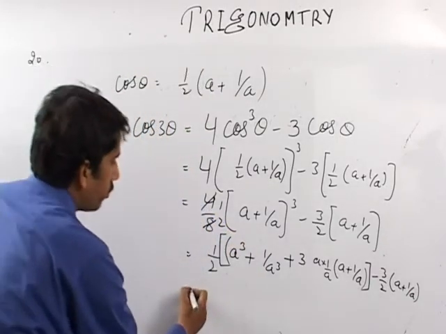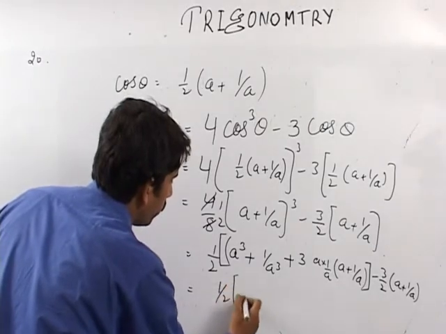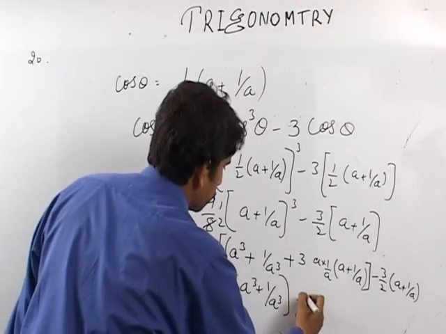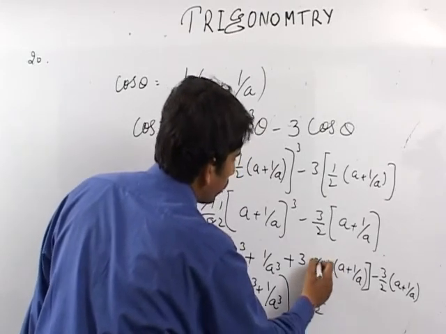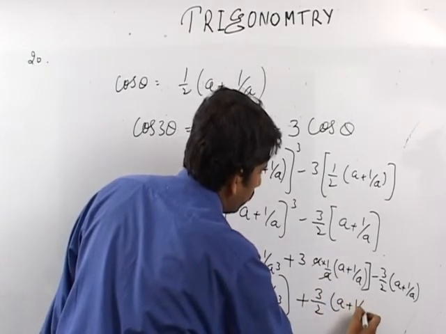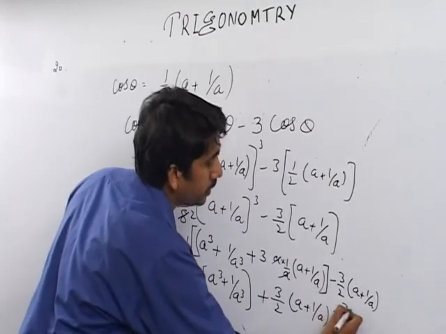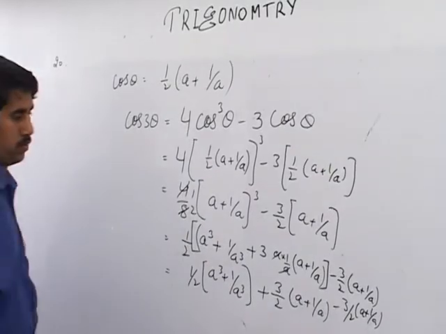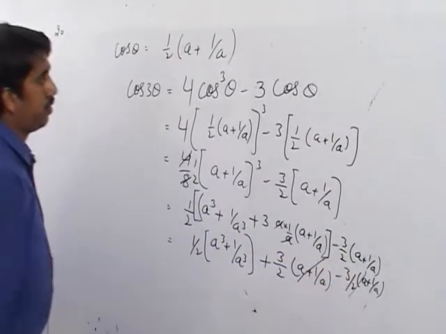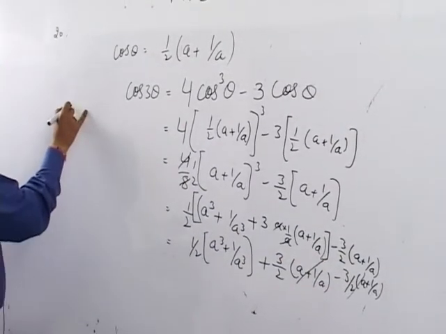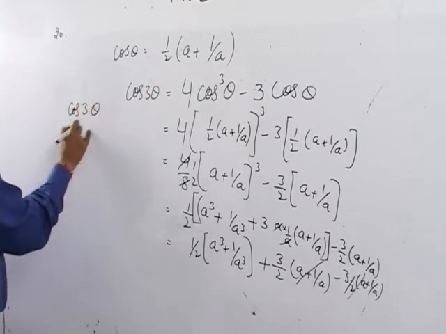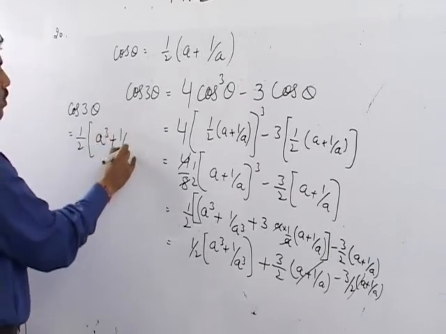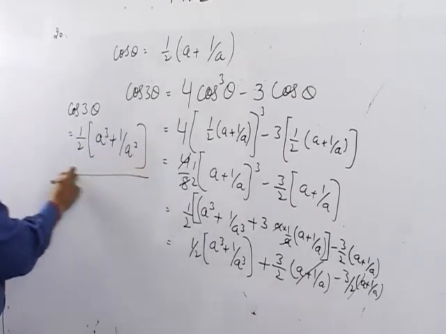Now this will be equal to half of (a cube plus 1 by a cube) plus 3 by 2 (a plus 1 by a) minus 3 by 2 (a plus 1 by a). Now this will be cancelled out and you will be left with cos of 3 theta is equal to half of (a cube plus 1 by a cube), which is the required answer.